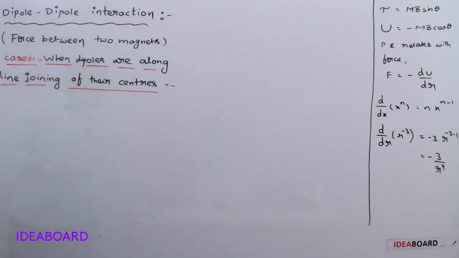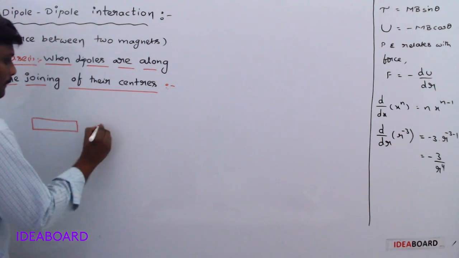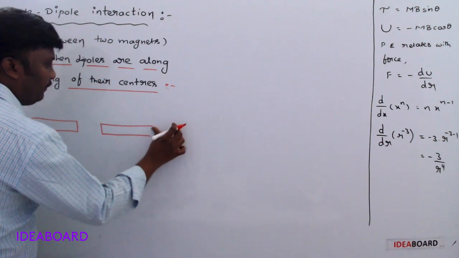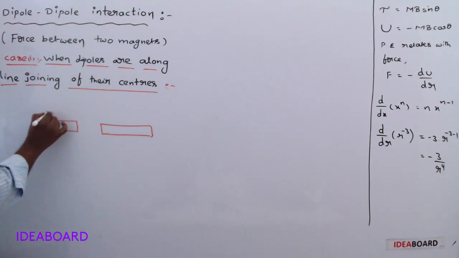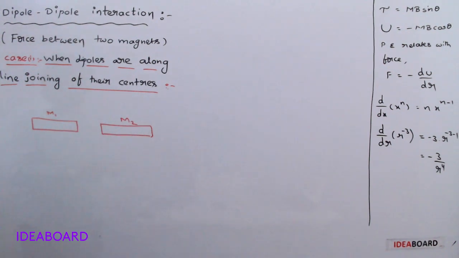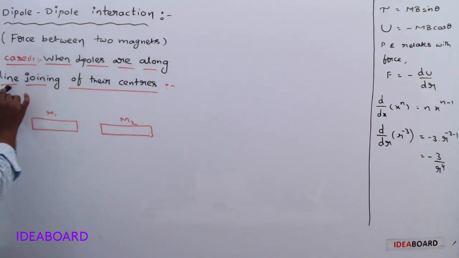Here we consider two magnets having magnetic moments m1 and m2. Now how are they placed? The dipoles are along the line joining their centers.